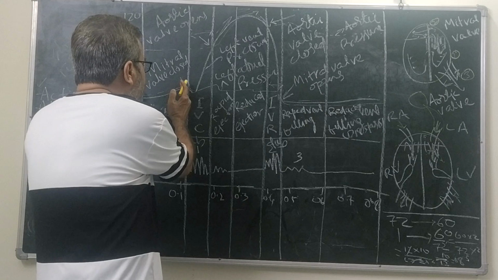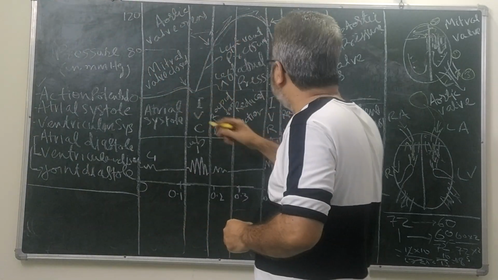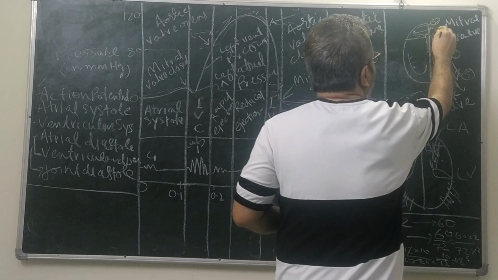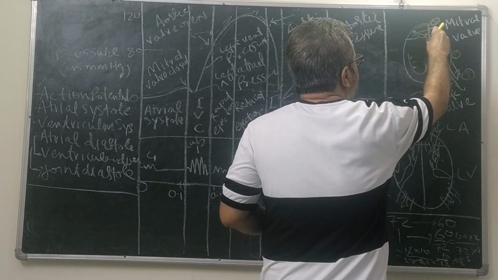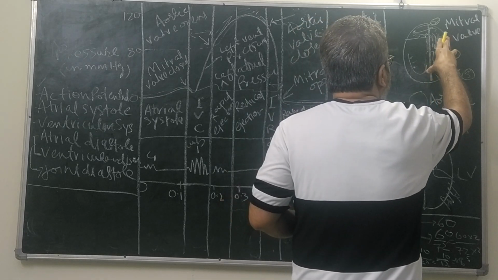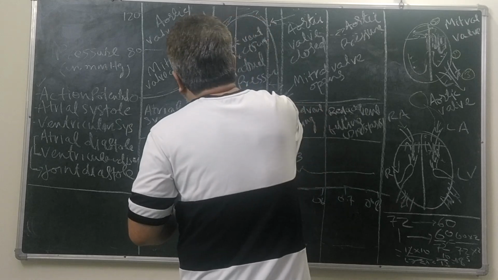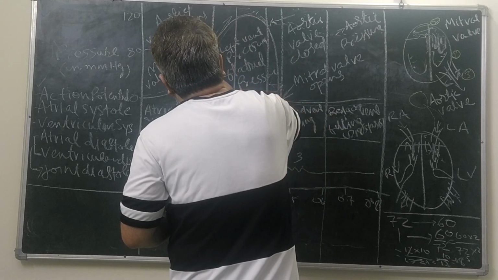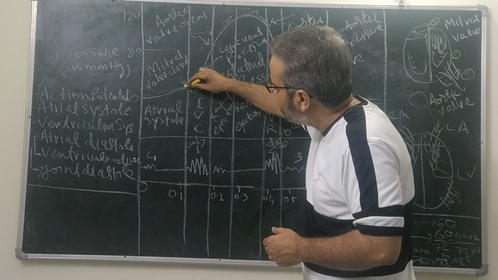So when the ventricular and atrial pressure are the same, the atrium is in systole and its pressure equals the pressure of the ventricle. But when the ventricle starts contraction, or is in systole, its pressure becomes greater than the aortic pressure.